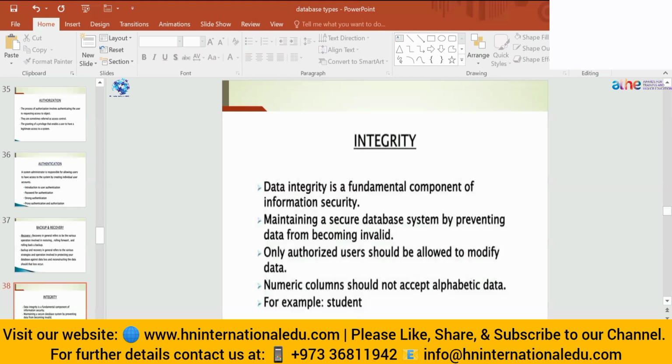The name of the student will be a combination of alphabets. So this column doesn't contain numeric data. So a numeric column should not accept alphabetic data. That also lies under integrity. For example, the student, again I told you the example.